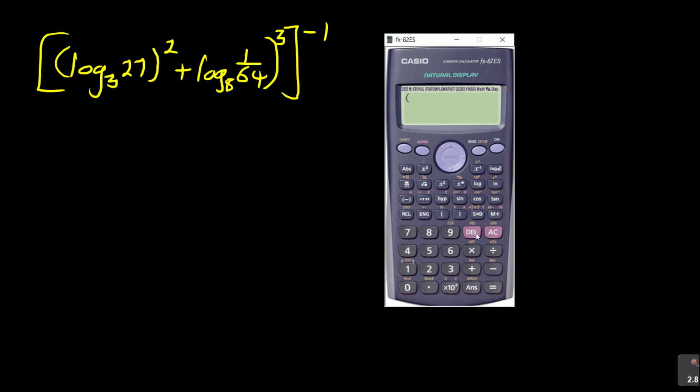So you have got that first bracket, which is log in base 3 of 27, and then you have got squared, right? And then plus you have got log in base 8 of the fraction 1 over 64.